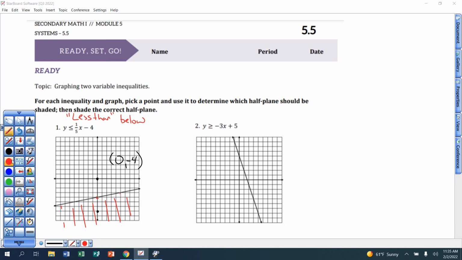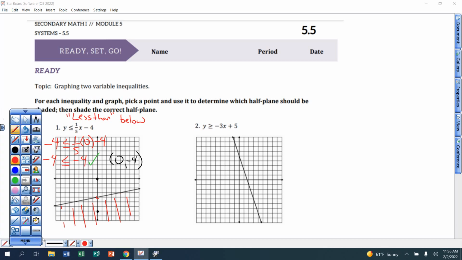So if I plug in -4 for y, and I plug in that 0 for x, even though -4 isn't less than -4, because that little equal line under there makes that a true statement. If that equal line was missing, that would have been a dotted line, and that would end up being a false statement. That's why you can't choose points on a dotted line, but a solid line you can choose it.